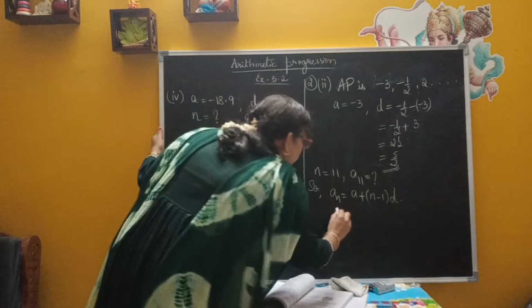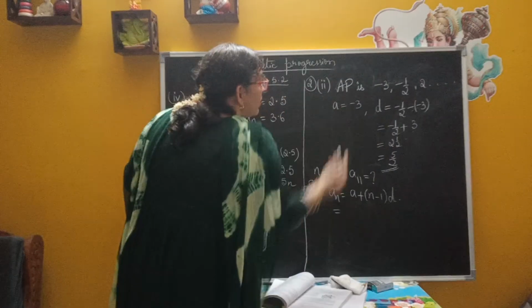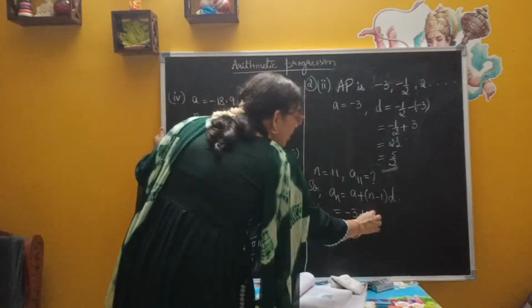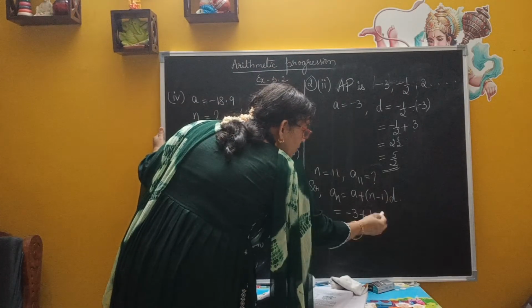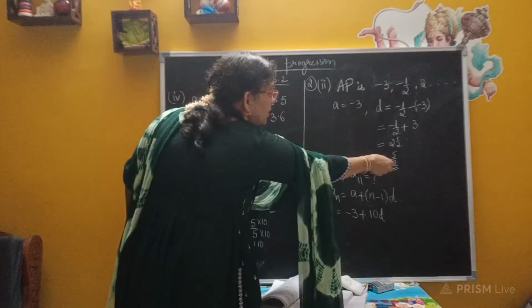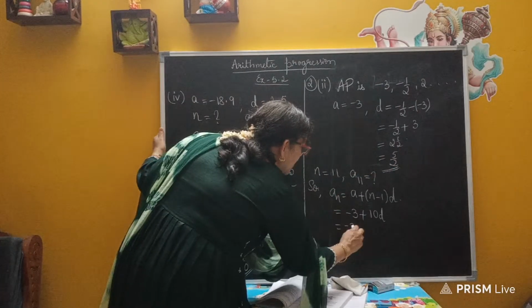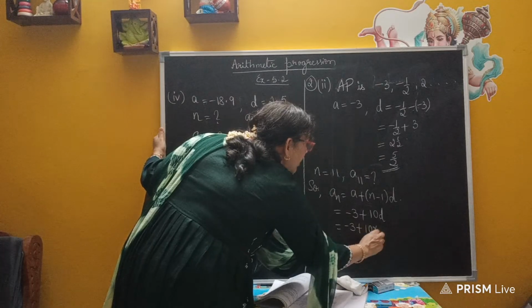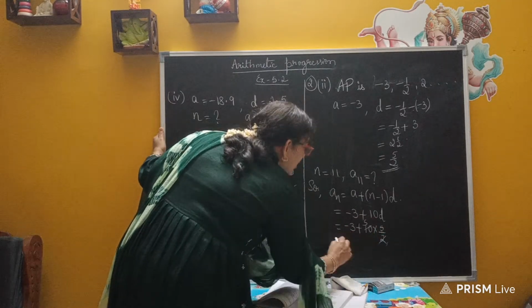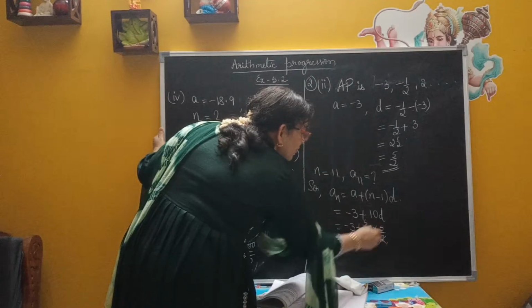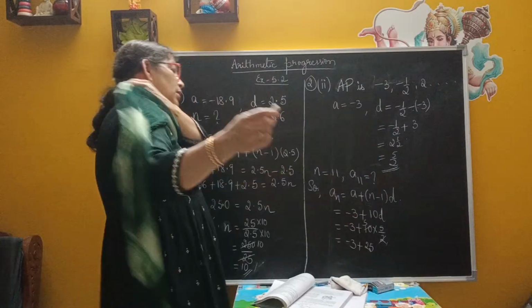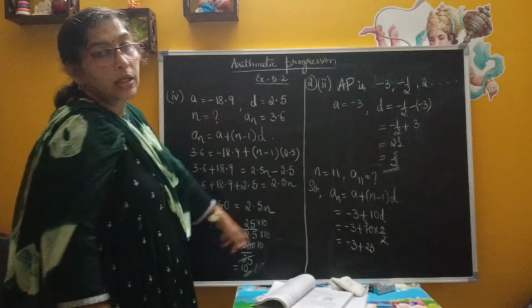Okay, let us find now. a value is minus 3, plus n minus 1 d, that is 11 minus 1 is 10, 10d. So d value is 5 by 2. So minus 3 plus 10 into 5 by 2. What do you get? Multiply the numerator with the numerator, denominator with the denominator.